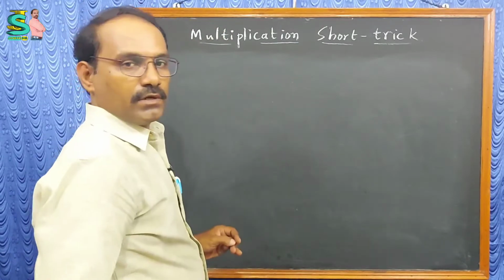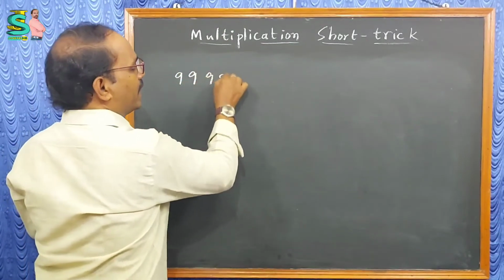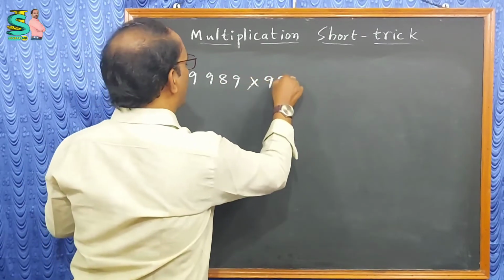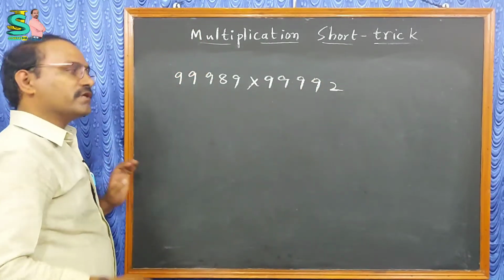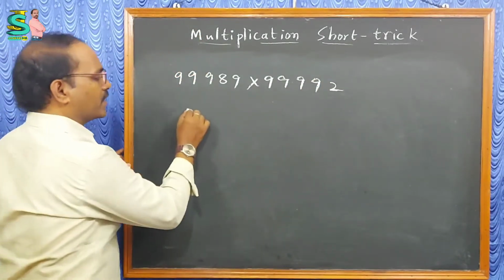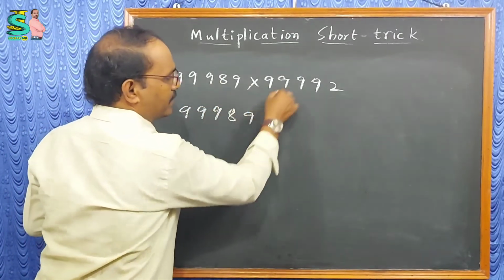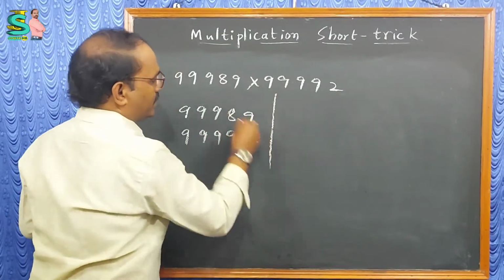Now we can multiply 5-digit numbers. For example, 99989 into 99992. It will also take 10 seconds only. First number 99989, this one has 4 nines.